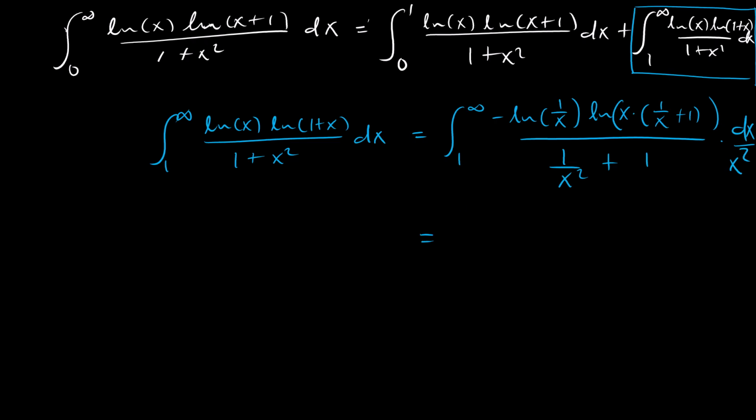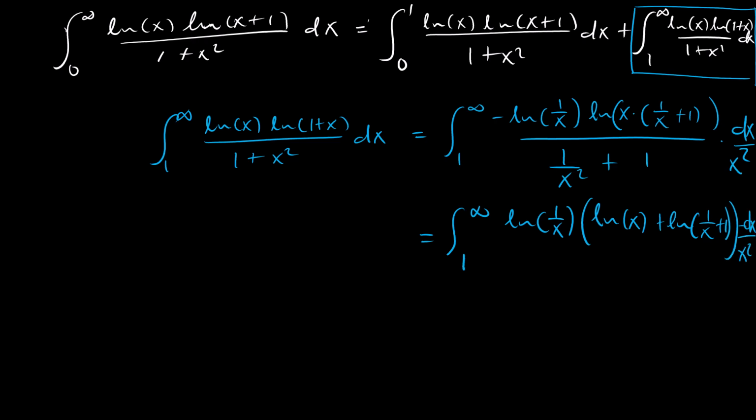So this is the same as 1 to infinity, and inside here we have negative dx over x squared, let's put this in bracket, over 1 plus 1 over x squared.